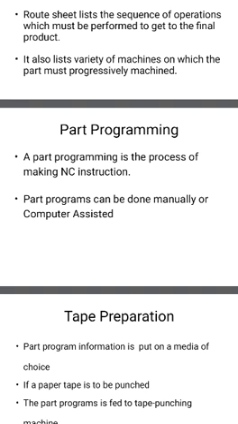There are two ways of part programming for NC. They are manual part programming and computer assisted part programming. So part programming consists of 2 types. One is manual part programming and the other is computer assisted part programming. In manual part programming, what does it do? In manual part programming, the machine is instructed in a form called a part programming manuscript.